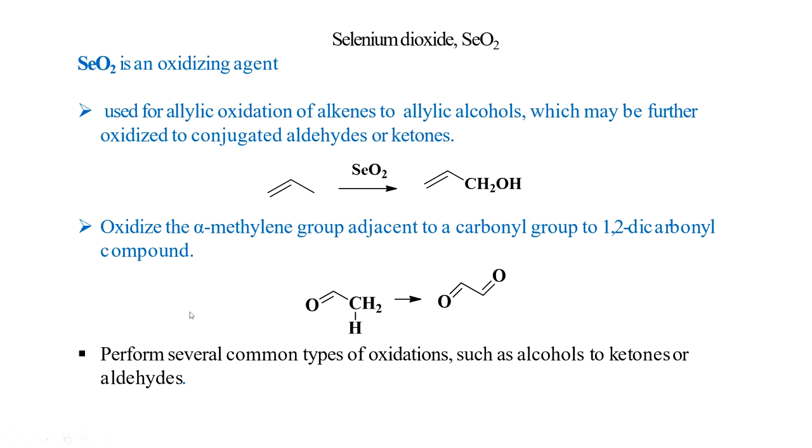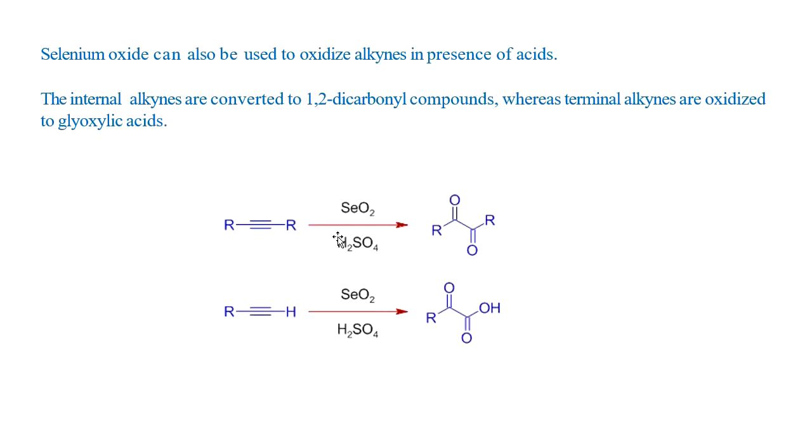In addition to these two types of characteristic oxidation reactions, selenium dioxide also performs several common types of oxidations, such as alcohols to ketones or aldehydes. Another important application of selenium dioxide is the oxidation of alkynes.